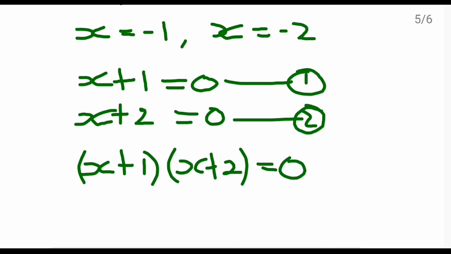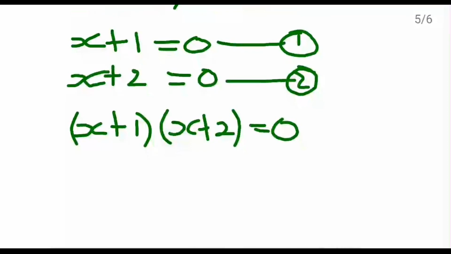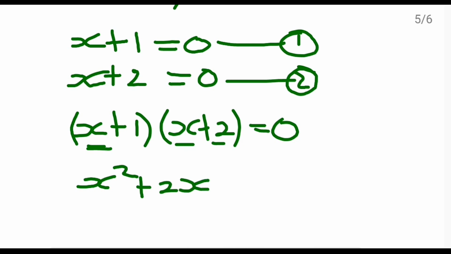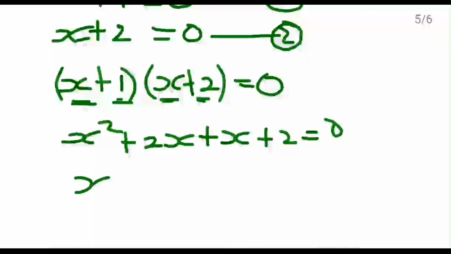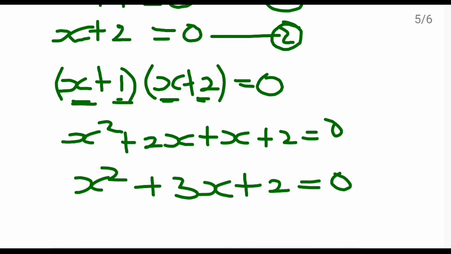The next step is to open these two brackets so that we have x squared, that is x times x, then x times 2 is the same as 2x, then 1 times x is the same as x, then 1 times 2 is the same as 2, equals 0. You simplify this so that you have x squared, 2x plus x the same as 3x, then plus 2 equals 0.